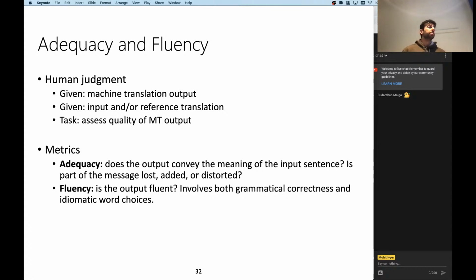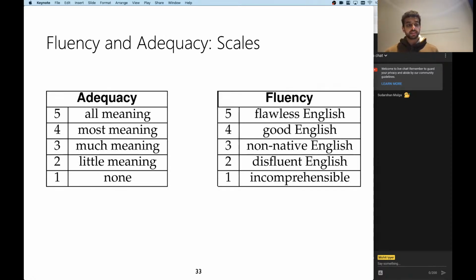If some of the meaning, the semantics, was lost, or some new meaning was hallucinated, or the meaning was distorted in some way, the adequacy score should go down. This is distinguished from fluency: how grammatically correct is this generated output? So in machine translation, you might be interested in both of these aspects.